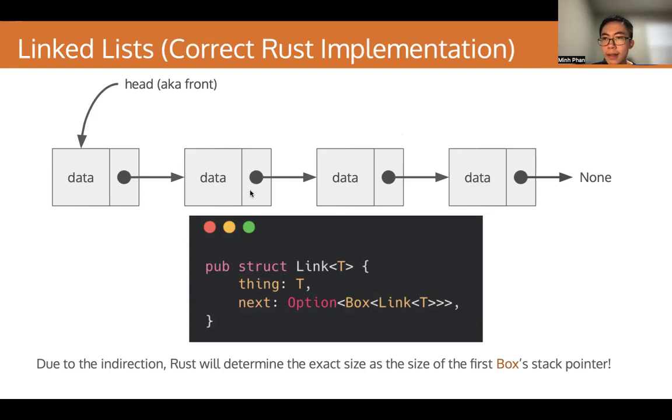Or in the case of the second node onward, we will have pointers on the heap pointing to other locations on the heap. And then the Option represents nullability, meaning we can either have a valid pointer or we have a null pointer for the None case. Here we achieve indirection.